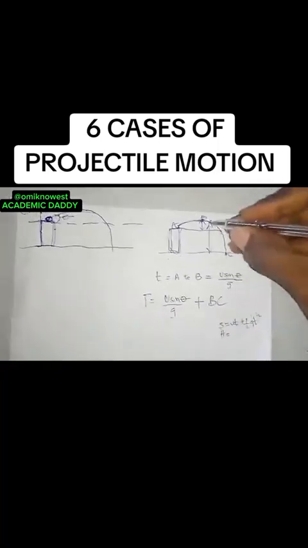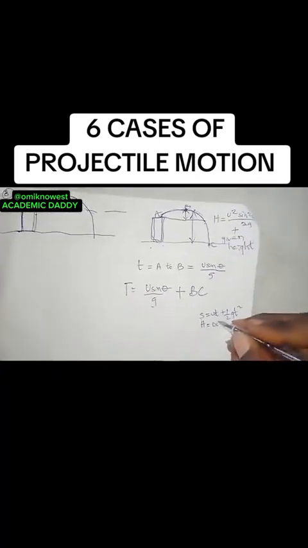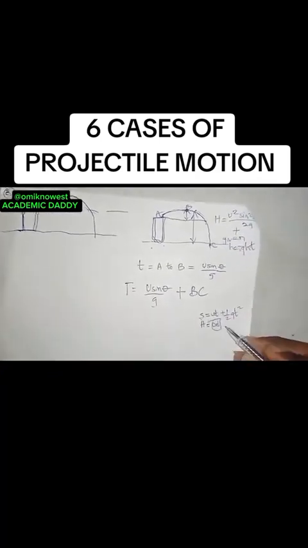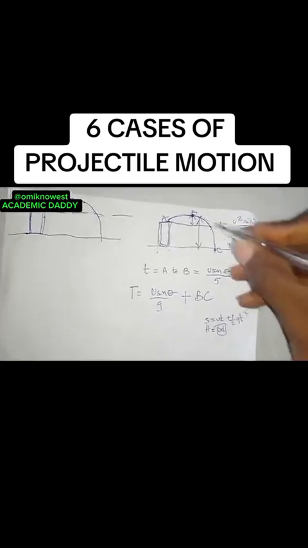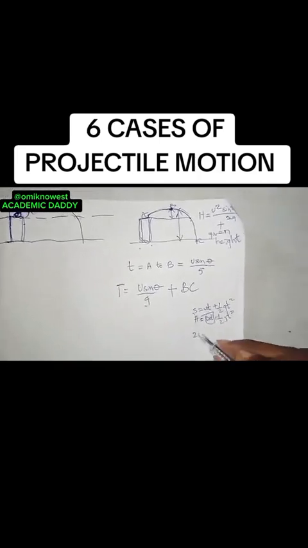So from these points coming down, u will be 0 times t, everything here will be 0. Because it's coming down, your g will be positive, so plus half gt square, which gives h equals half gt square, so 2h equals gt square. Making t the subject of the formula, the halves cancel, then take square root of both sides so that you have t equals root 2h over g.